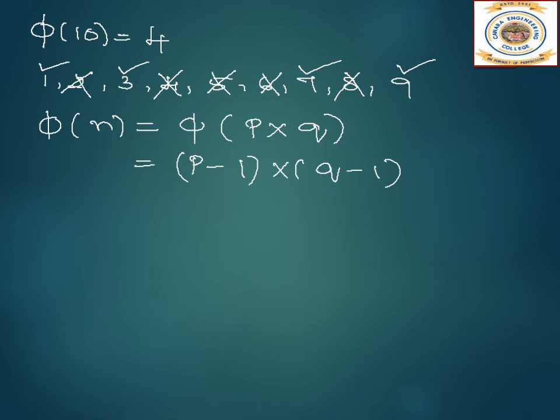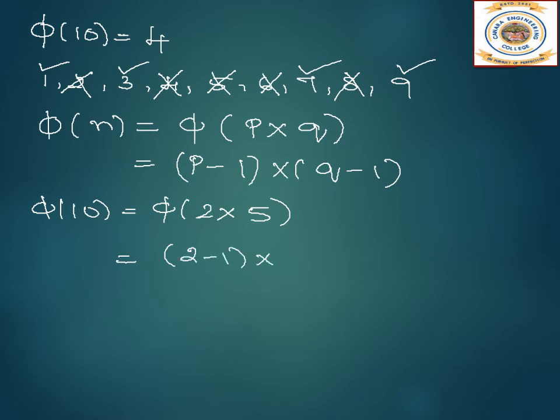Now consider the same example, phi of 10. I can write this as phi of 2 into 5, where 2 and 5 both are prime numbers. So p minus 1, that is 2 minus 1, into 5 minus 1. So I get 1 into 4. So I get the answer as 4.